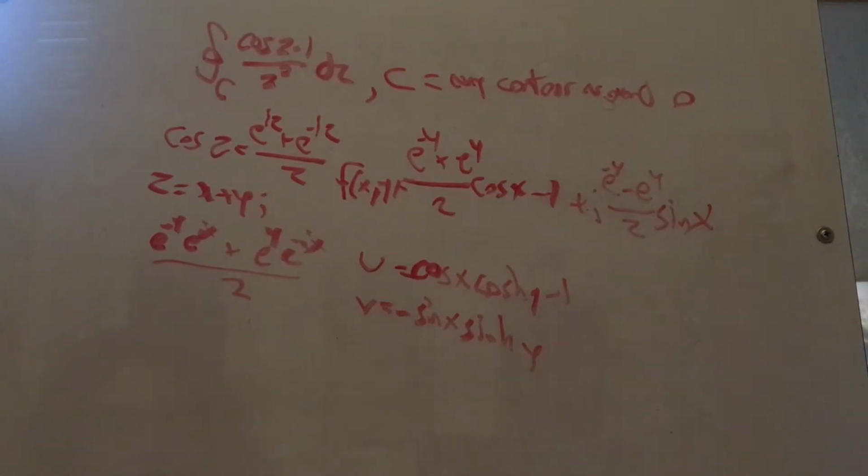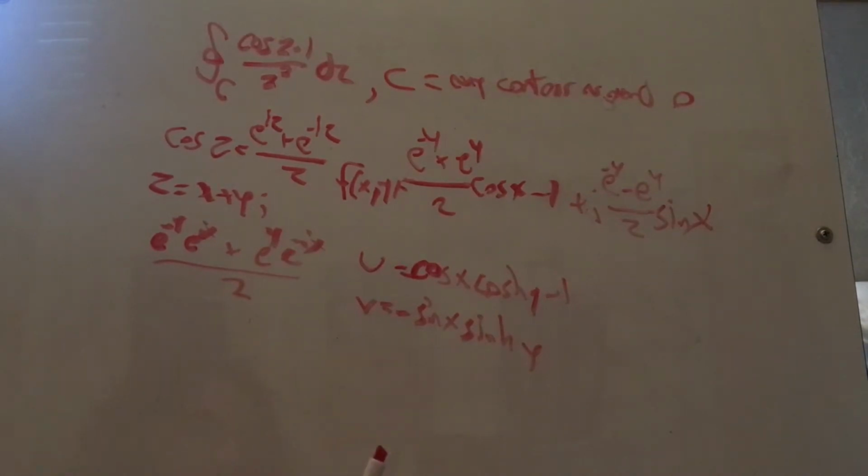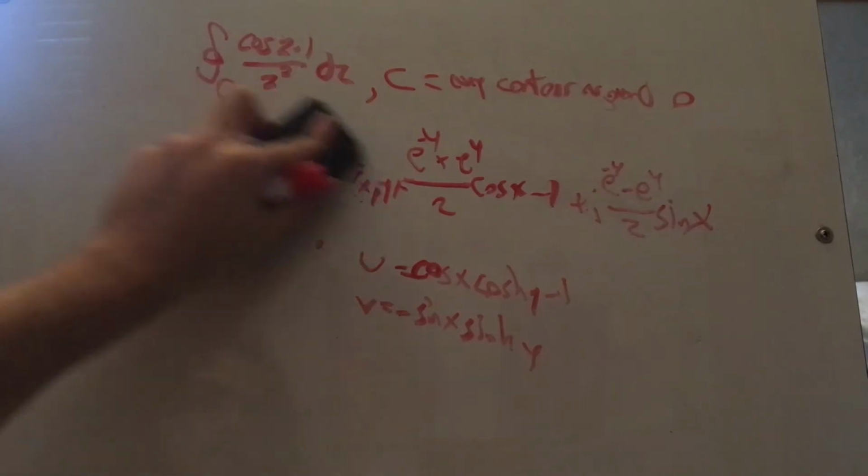We can plug in our Cauchy-Riemann conditions. So for du/dx, the negative 1 goes away, and the cos x becomes negative sine x. I'll erase this work up here now.